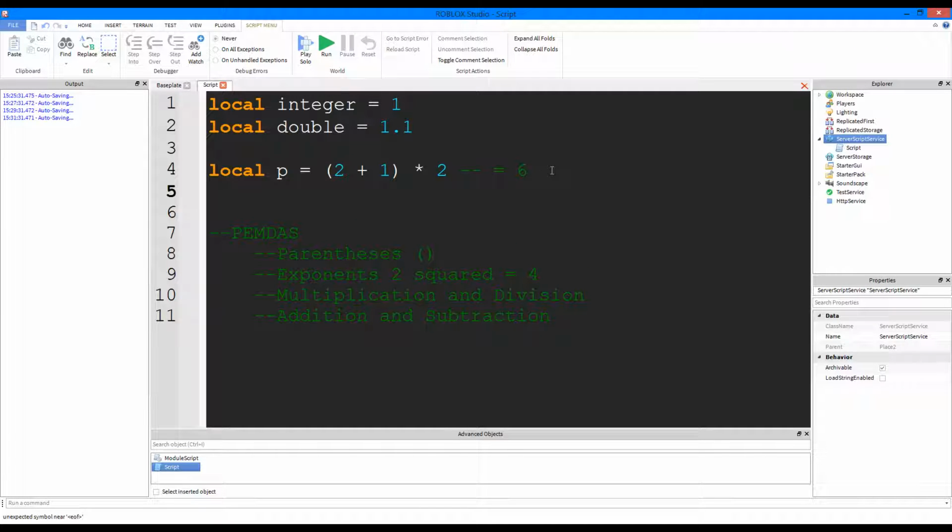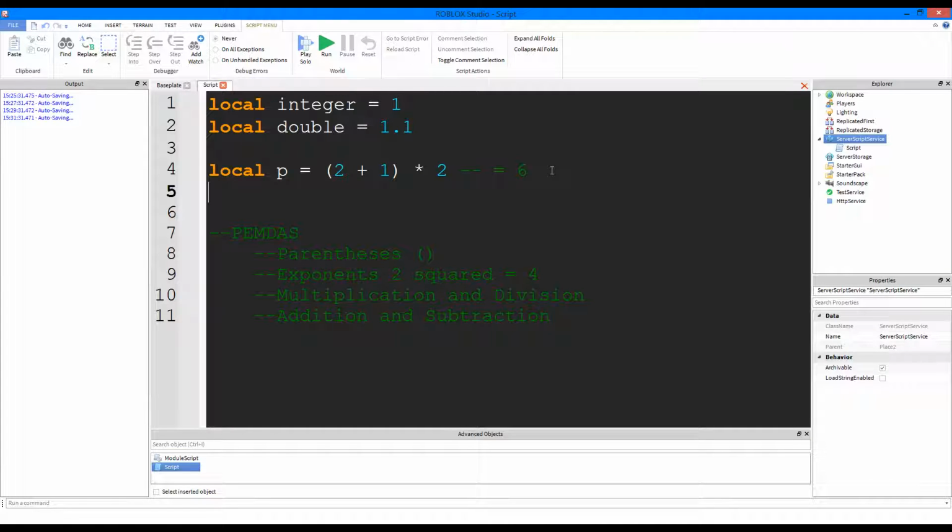Now the next one is exponents. Exponents are, and I'm not sure if everybody's covered this, but it's sort of like 2 times 2 equals 4, 2 times 2 times 2, so 3 2's multiplied by each other equals 8, 2 times 2 times 2 times 2, I think I counted that out right, 4 2's multiplied by each other is 16.